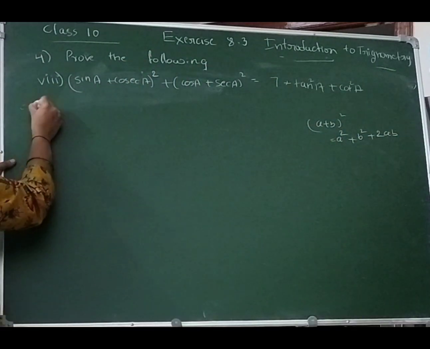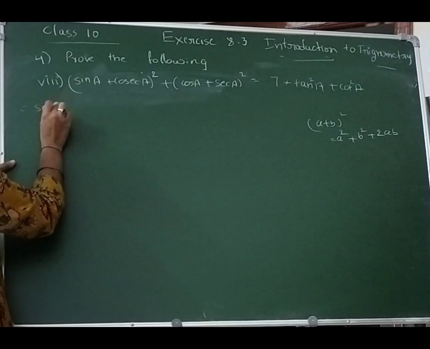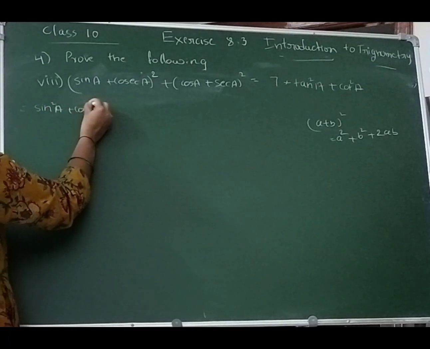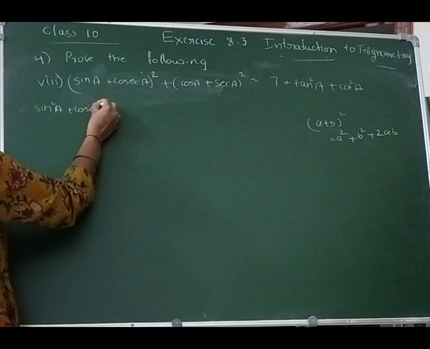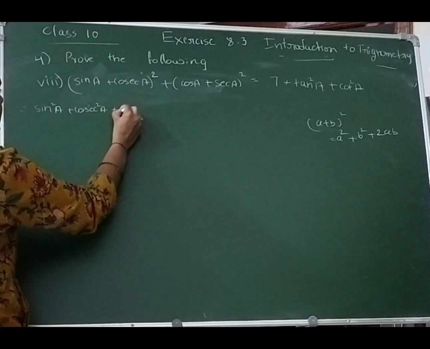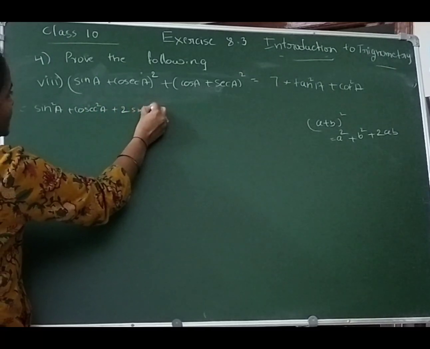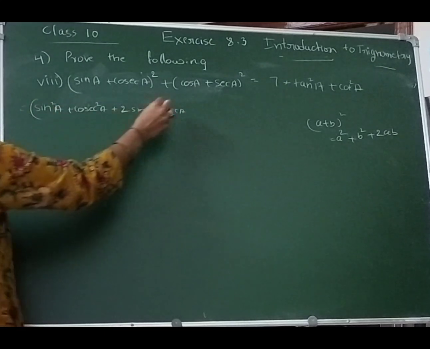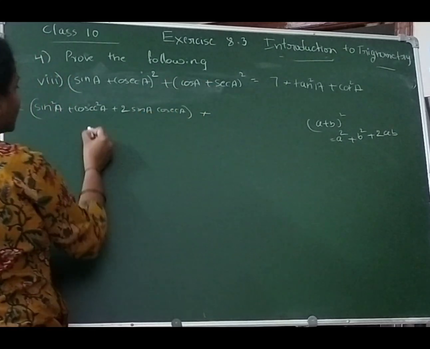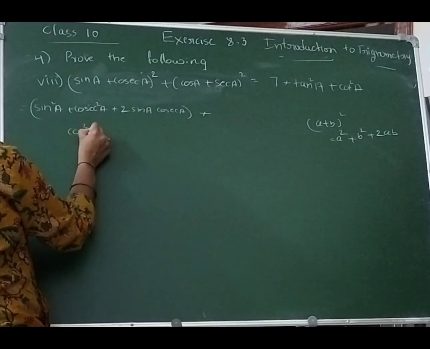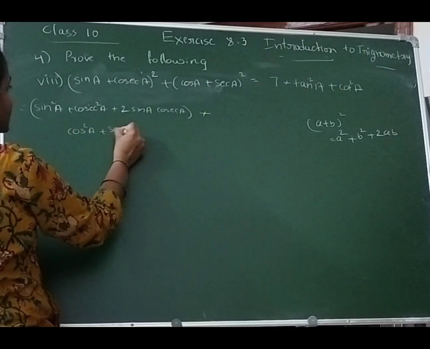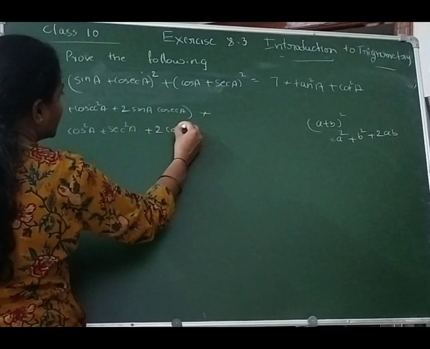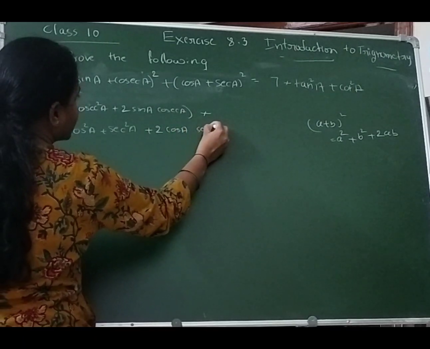So it will lead to sin square A plus cosec square A plus 2 times sin A into cosec A, plus similarly we'll get cos square A plus secant square A plus 2 times cos A and secant A.